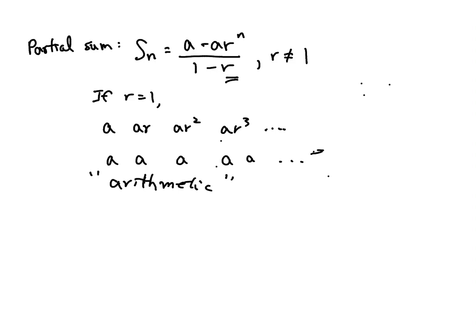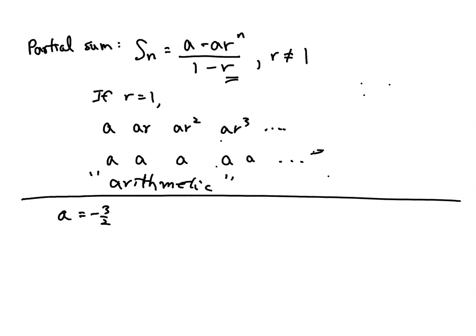So let's go ahead and work on part A and find the partial sum of the geometric series. First things first, a is still the first term. So a in this case will be negative 3/2. And then we just have to figure out what r is. Hopefully you can notice that the sign alternates.